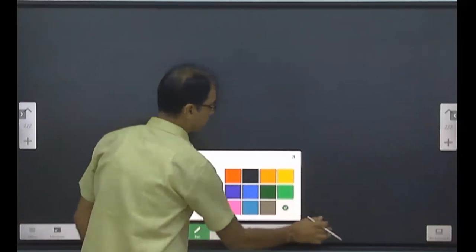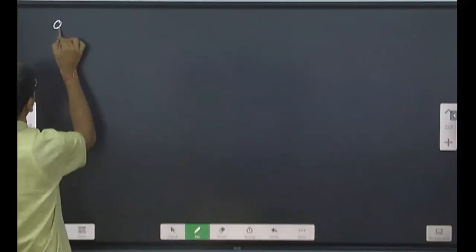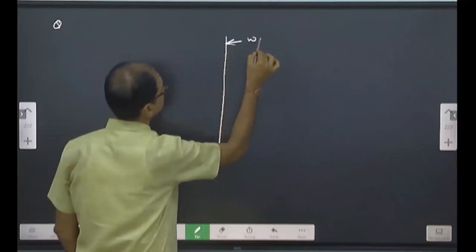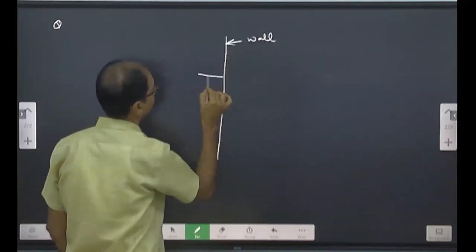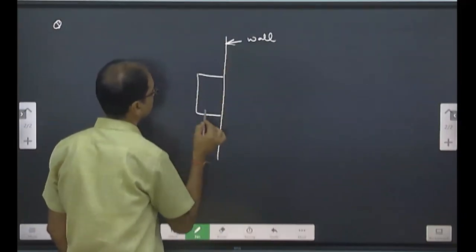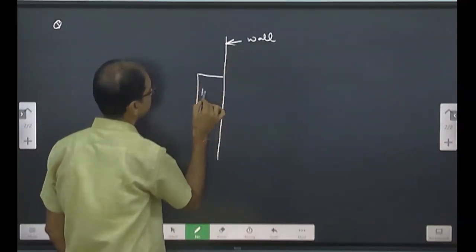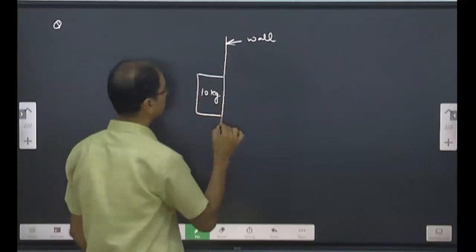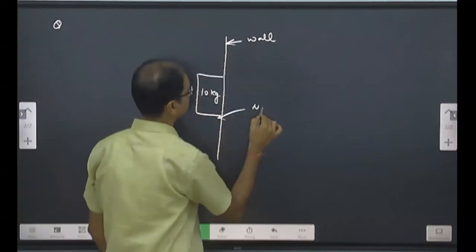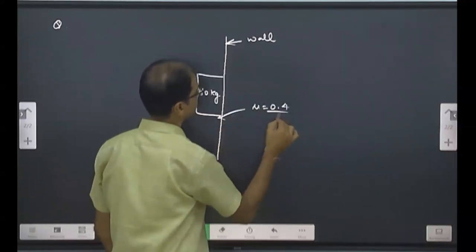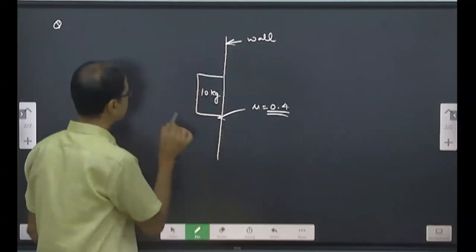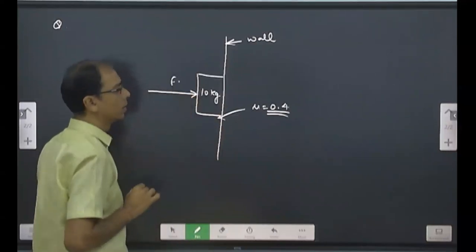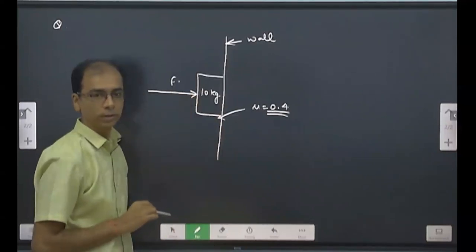Fine. Let's do another type of question. Suppose here is a wall, and there is one block of mass, let's say, 10 kg. The coefficient of friction between this and this is 0.4. The question is asking, how much force shall we apply so that this block can be at rest?